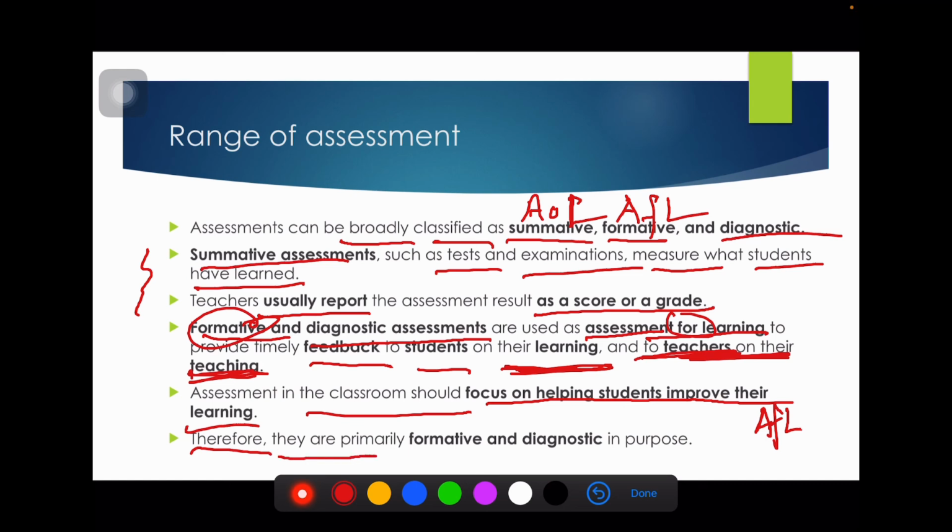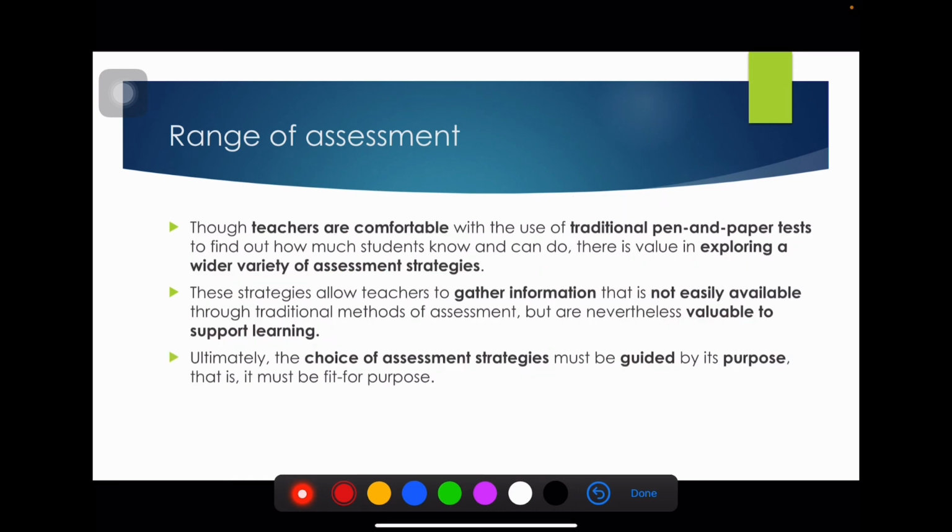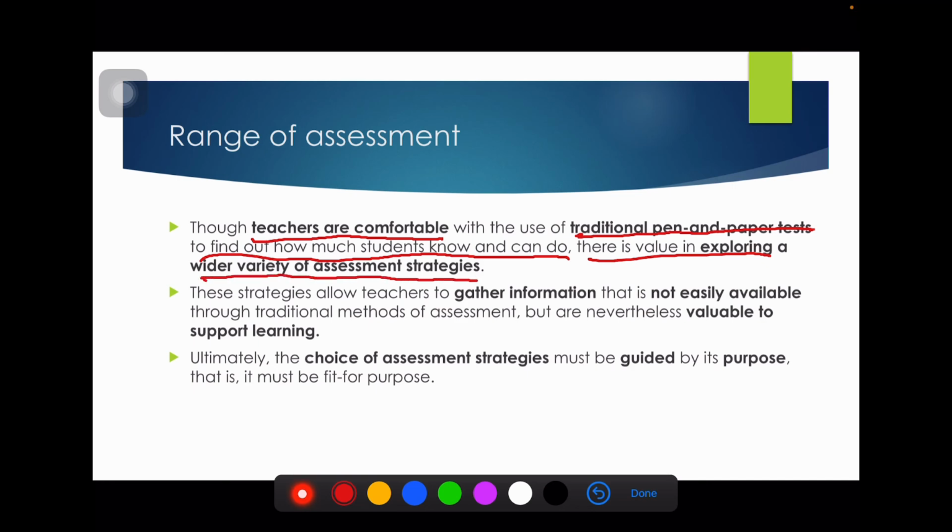Therefore, they are primarily formative and diagnostic in purpose. Though teachers are comfortable with the use of traditional pen and paper tests to find out how much students know and can do, there is value in exploring a wider variety of assessment strategies.